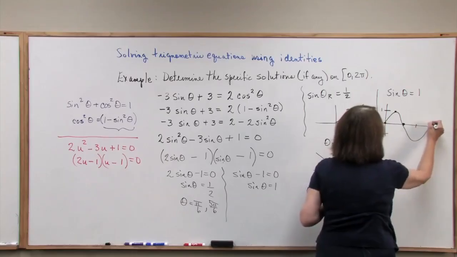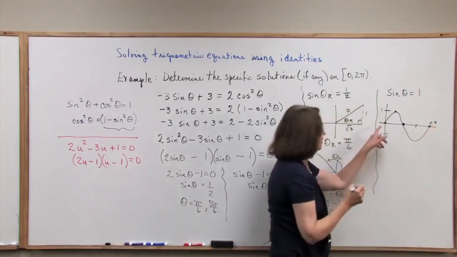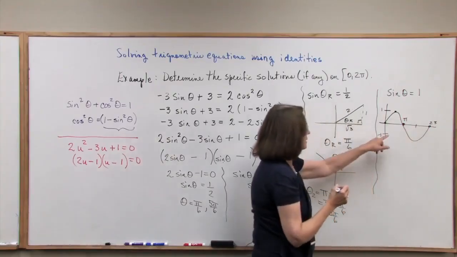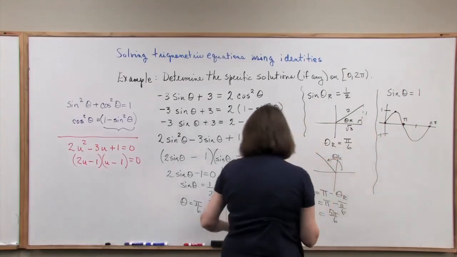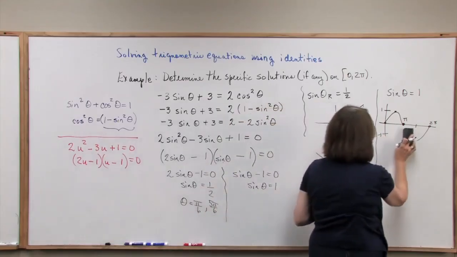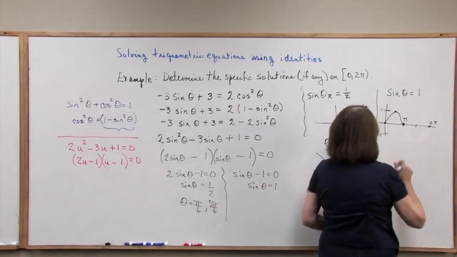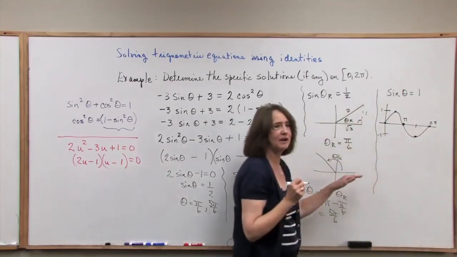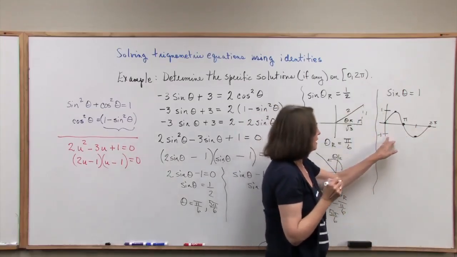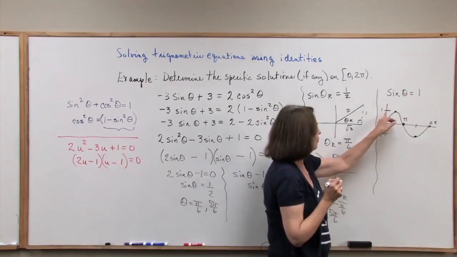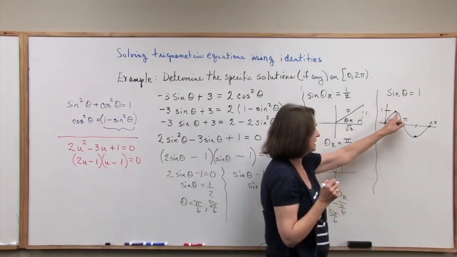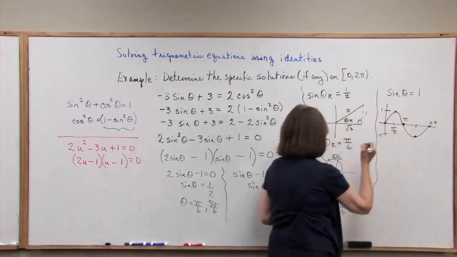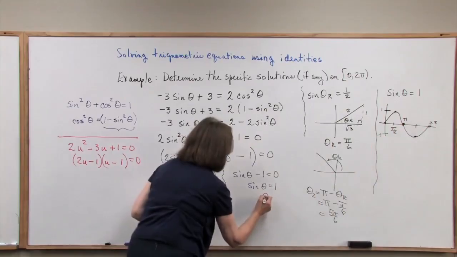So I'm going to graph from 0 to 2 pi. Let's do this a little better. There we go, that looks better. So our range is from -1 to 1, and we notice that the sine of theta equals positive 1 at pi over 2.